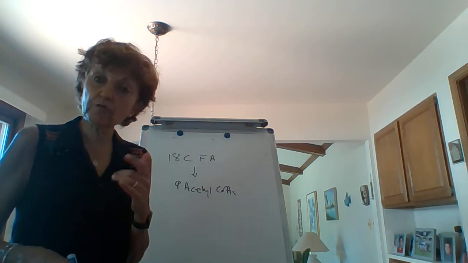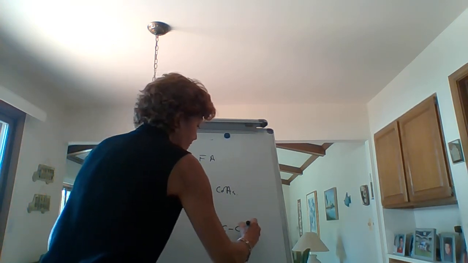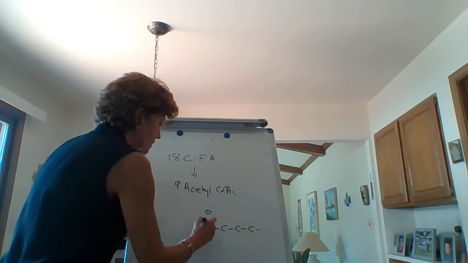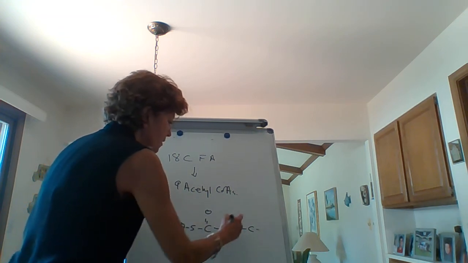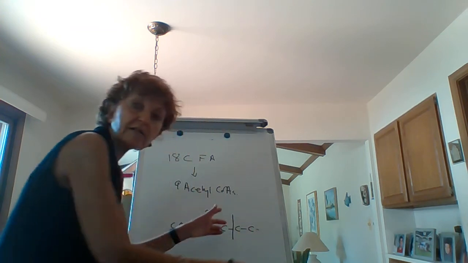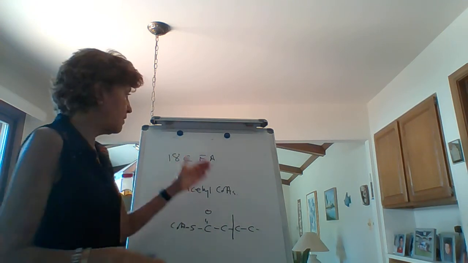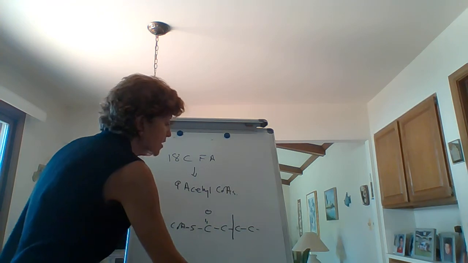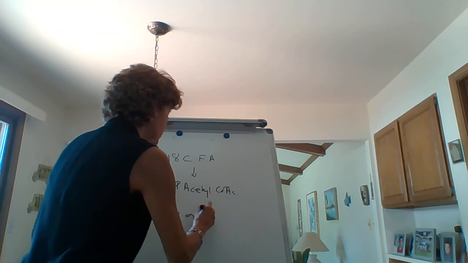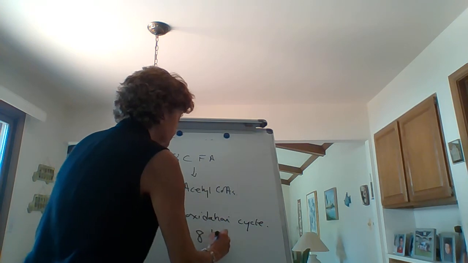It only will have to go through it 8 times because that last time, when you have 4 carbons left, and you chop 2 off, this acyl-CoA is an acetyl-CoA. So it's always minus 1. So even though you have 9 acetyl-CoAs, you have to go through the beta-oxidation cycle 8 times.